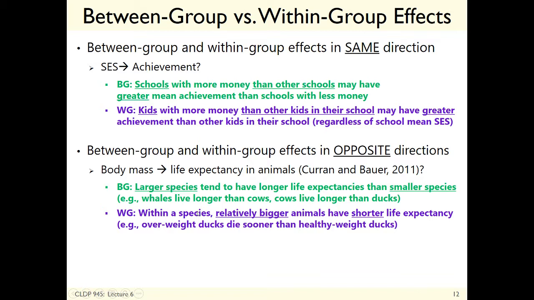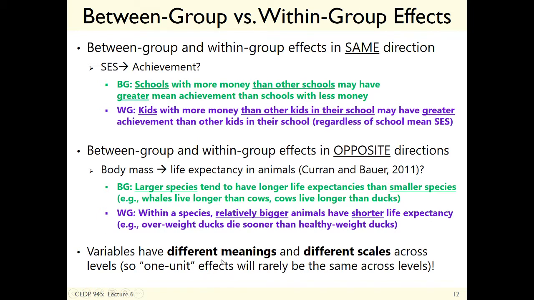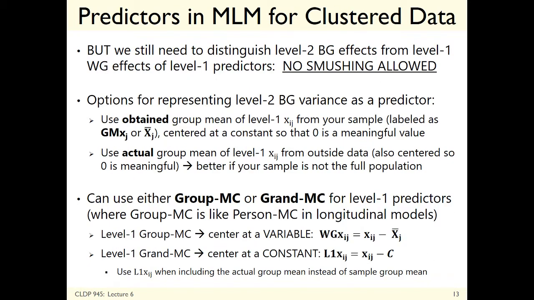But within a species, relatively bigger animals have shorter life expectancies. So it works in the opposite direction in terms of how size predicts life expectancy. And the same thing is true here. These are unstandardized regression coefficients on different scales. So for that reason alone, your between effects and your within effects are not going to be the same number.